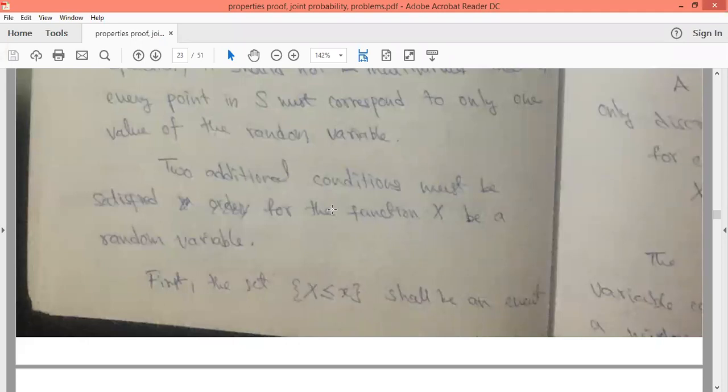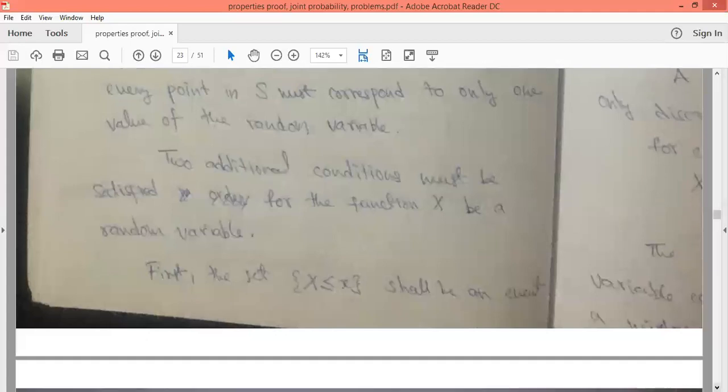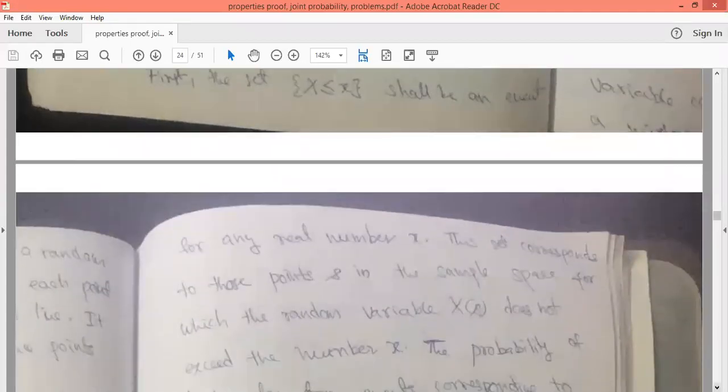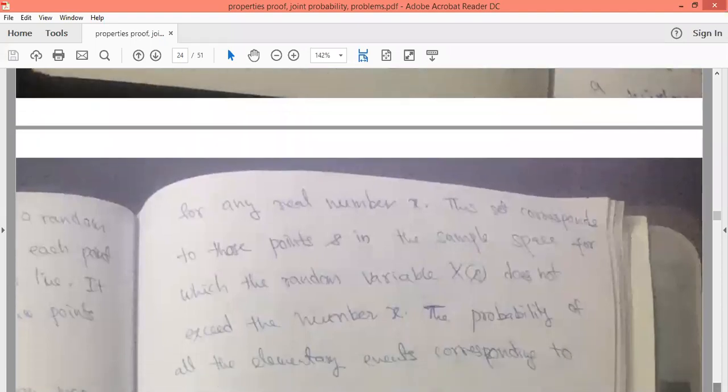The set is represented with capital X and the elements with small x. So {X ≤ x} shall be an event for any real number x. This set corresponds to those points s in the sample space for which the random variable X(s) does not exceed the number x.